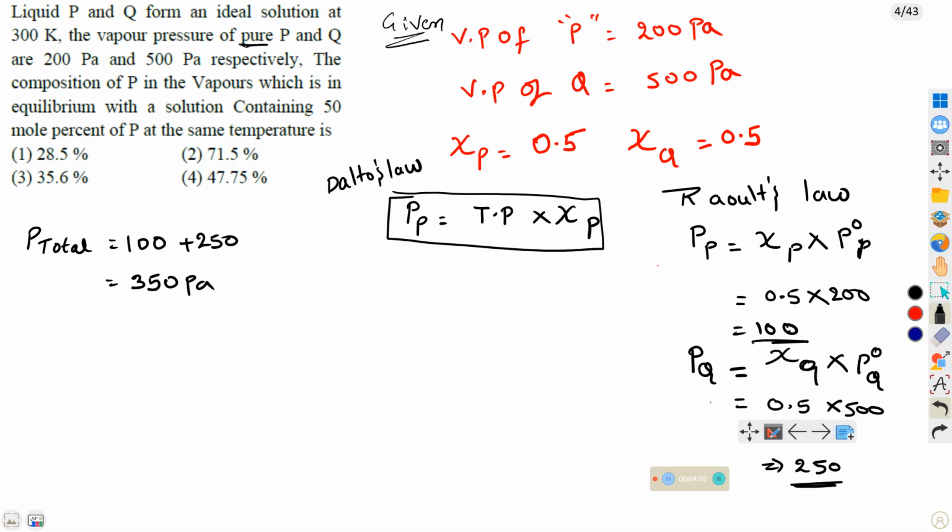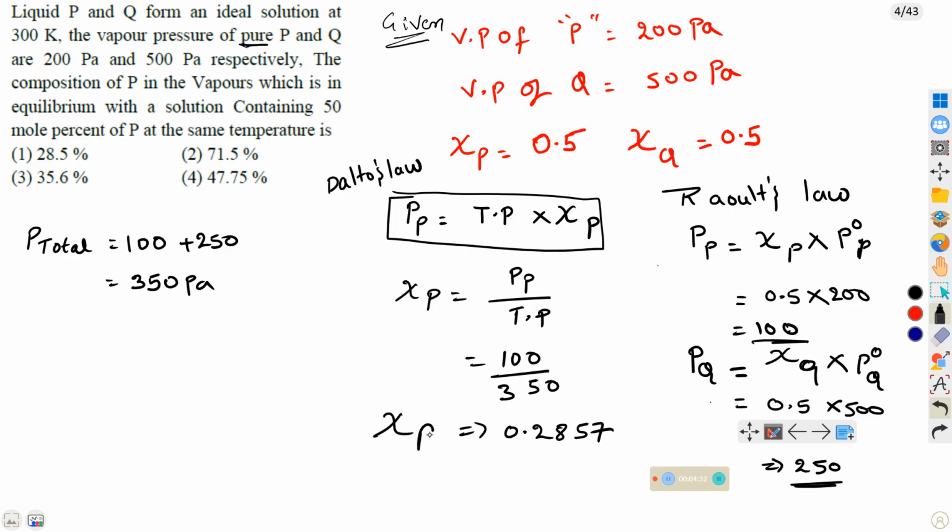Now in vapor phase, according to Dalton's law, partial pressure is equal to total pressure into mole fraction. Calculate mole fraction of P, which is equal to partial pressure of P by total pressure. Partial pressure of P is 100, total pressure 350. Simplify, then you will get 0.2857. Mole fraction of P is equal to 0.2857.